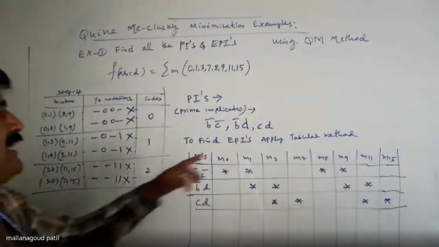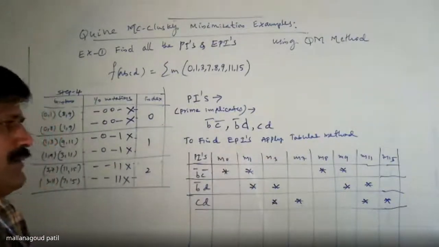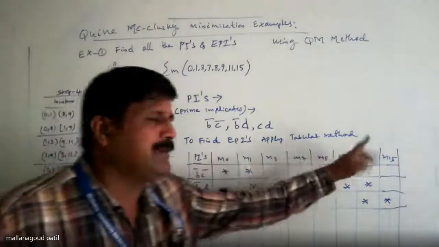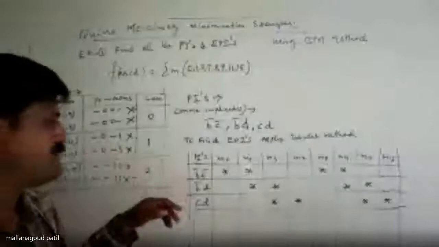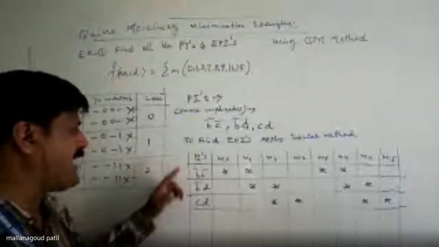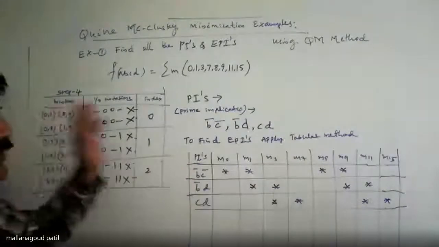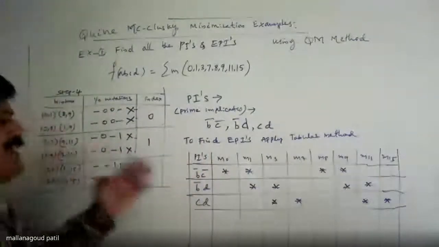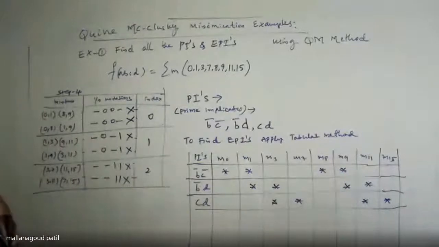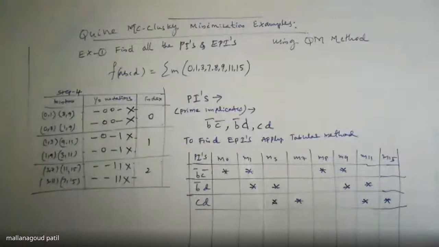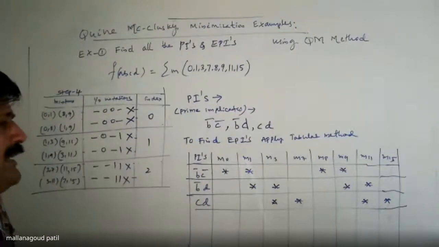Now what you did in the tabular method: PIs you have written in one column, all the minterms in the next consecutive columns, then for each PI you enter a star mark where it belongs to a minterm, and a blank where it is not there. Now you see, how many is it possible to cover?